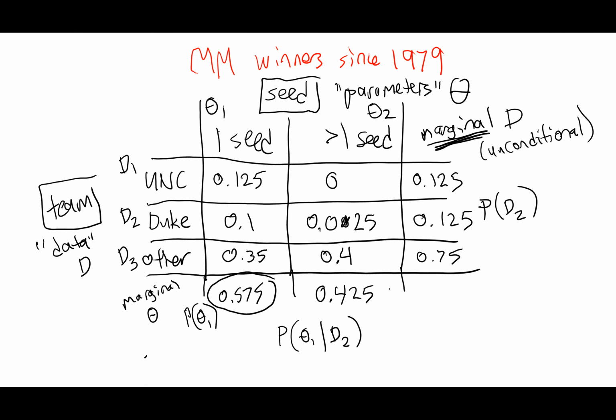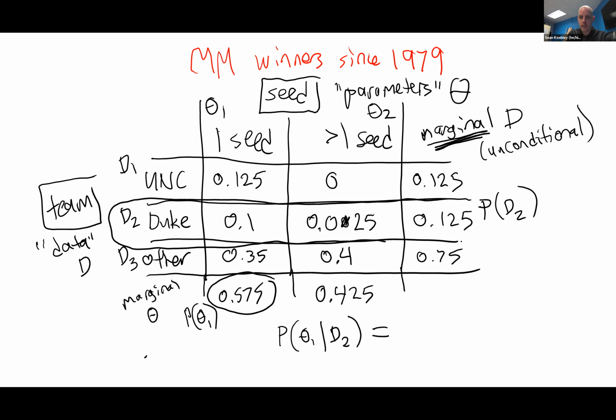0.1. It is not, actually. And here's where we've got to think about that given term. So when we say given that the winner was Duke, it means we're focusing only on this row. We're only focusing on the cases where Duke was the winner. Okay. So I think this is really important.